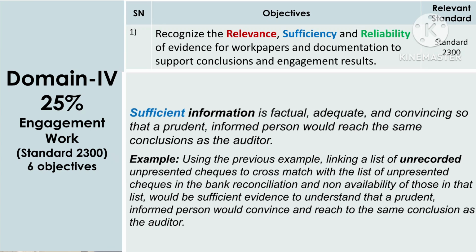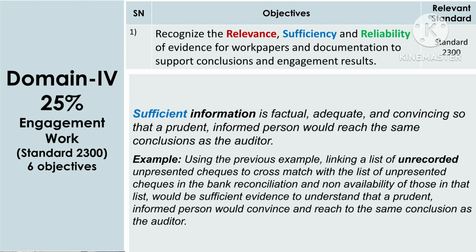Now the second part is sufficient. What is sufficient information? Let's understand the definition and then take an example from the same bank reconciliation scenario. Sufficient information is factual, adequate and convincing so that a prudent, informed person would reach the same conclusions as the auditor.